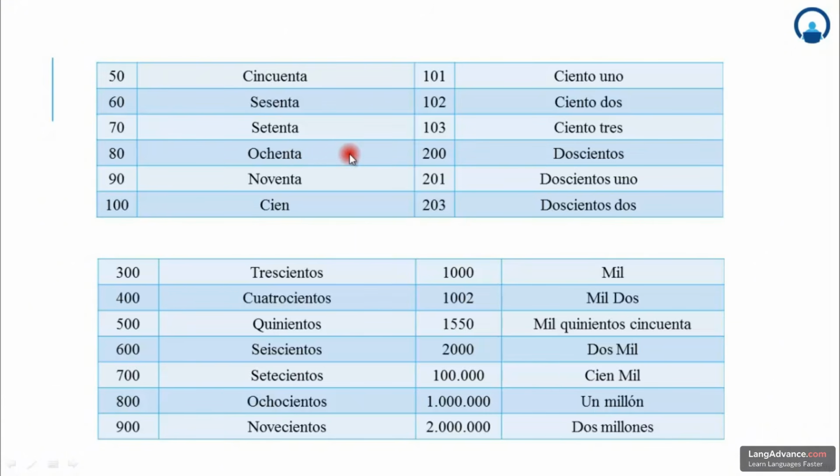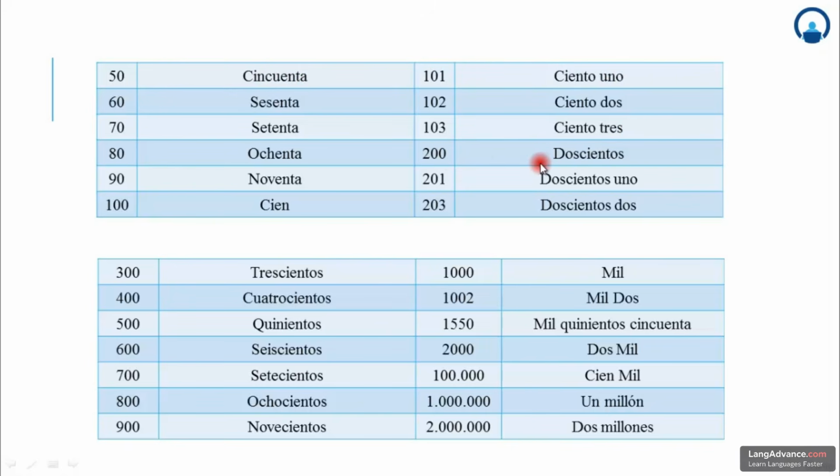As a matter of practice, you can try that yourself. 101 is said ciento uno. 102, ciento dos. 103, ciento tres, and so on. And if we want to write 151, the normal rule applies: ciento cincuenta y uno, that's 100, 50 and 1.